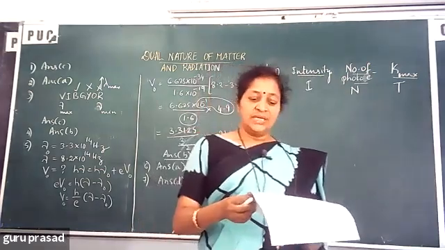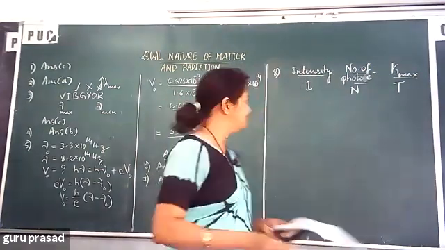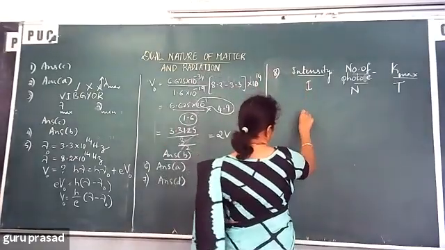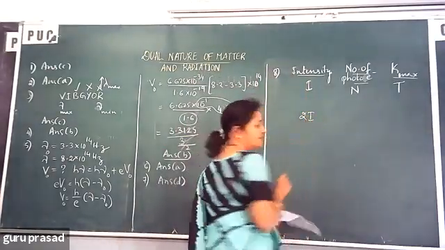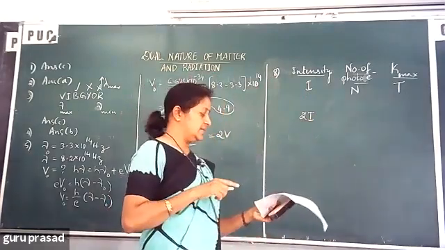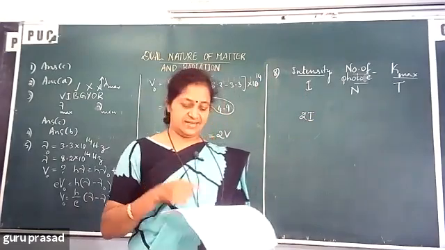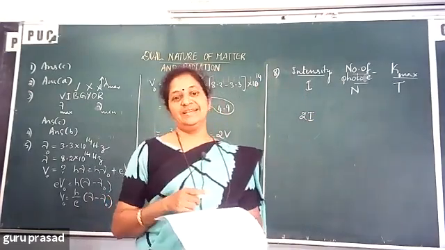If the intensity of radiation is changed to 2I, then they are asking what is the number of emitted electrons, how it changes, and the maximum kinetic energy.